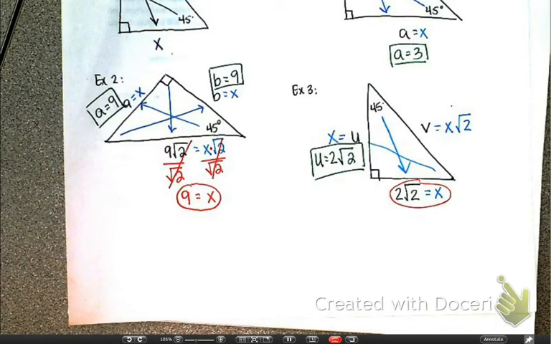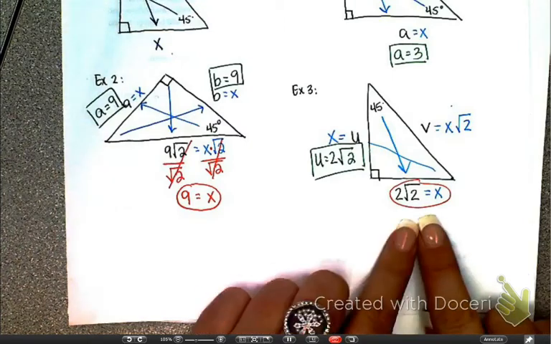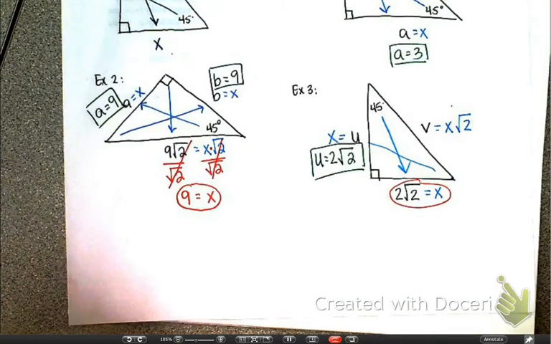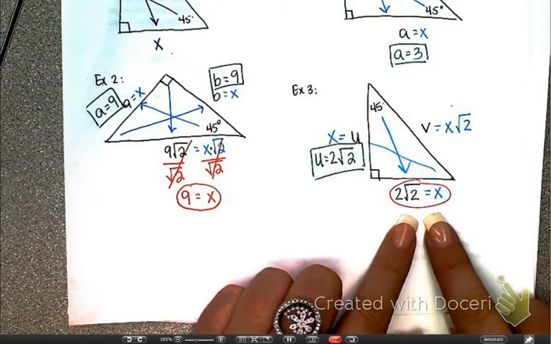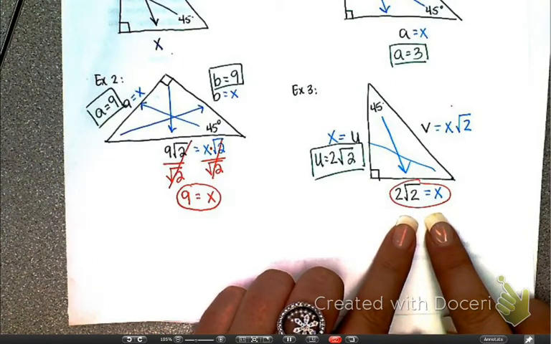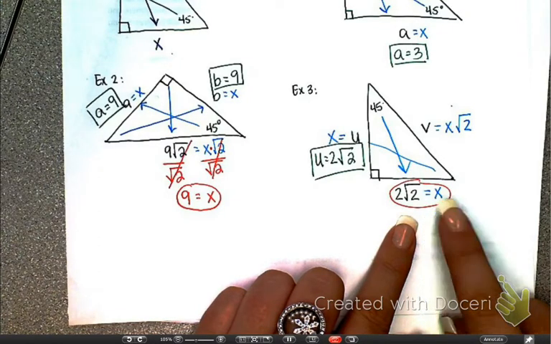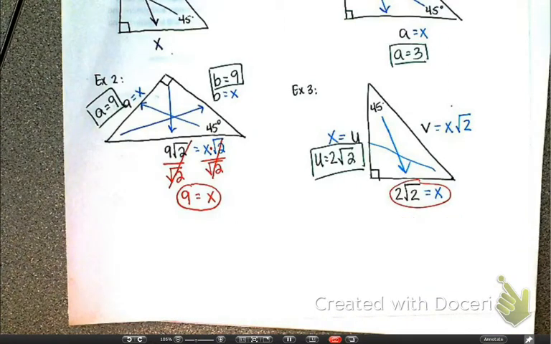Wait a second. Okay, so we got step 1, we labeled. We solved for x, right? This is x. Everyone okay with that? Did you do something with that? Yes. What did you do? Why didn't you put it on x times the square root of 2?